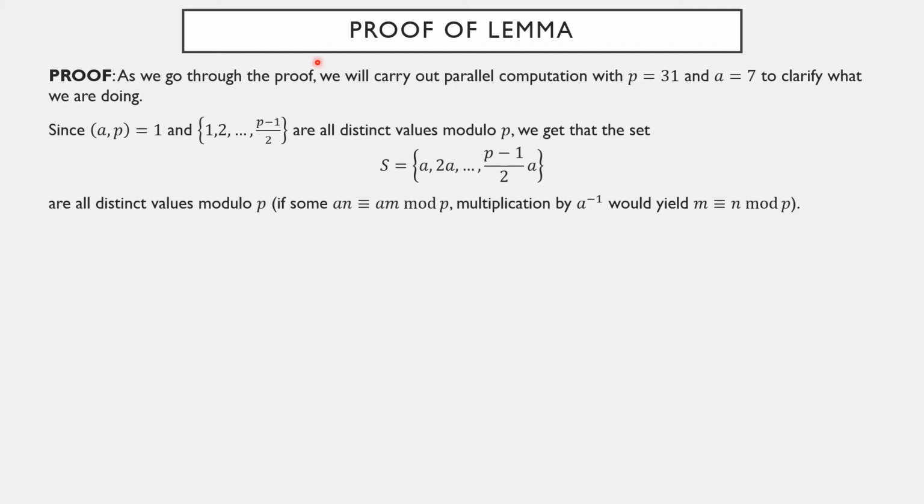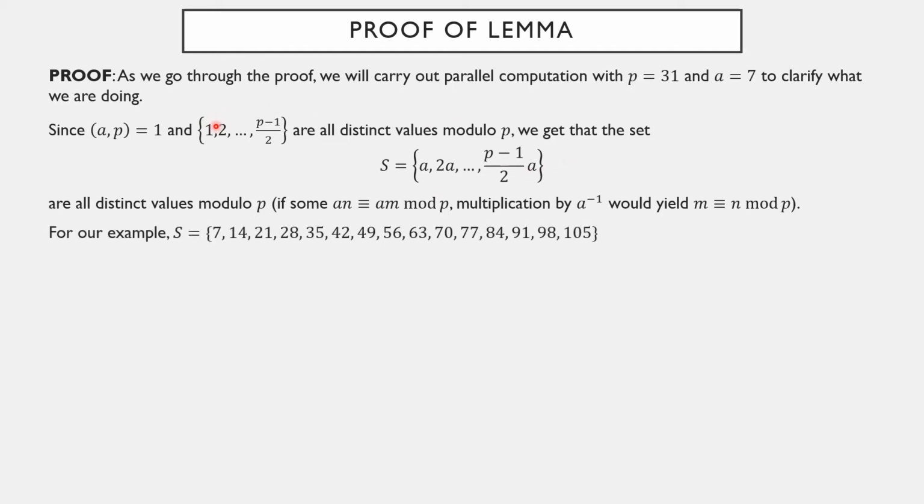Basically, if I continued this list all the way up to p minus 1, I'd have a reduced residue system. If I multiply everything by a, that whole thing would still be a reduced residue system, so they'd all be distinct. And this is just some of those values. Okay, so these are all distinct modulo p.